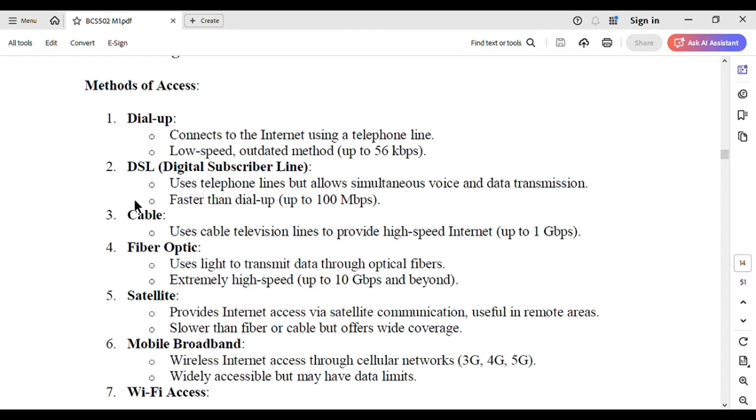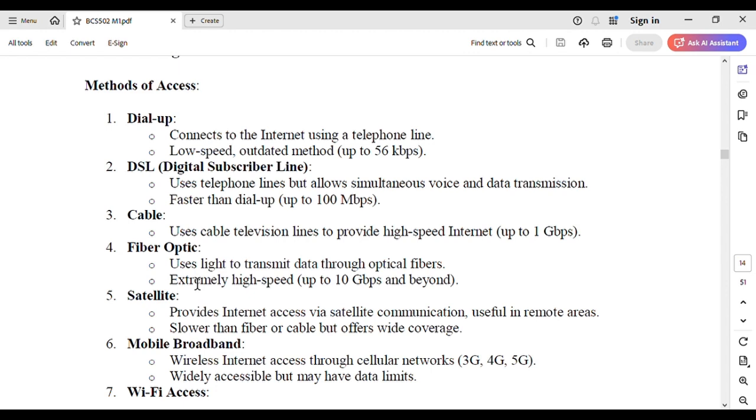Next, DSL, digital subscriber line. It uses telephone lines but allows simultaneous voice and data transmission. It is faster than dial-up, up to 100 Mbps. Next, cable uses cable television lines to provide high-speed internet up to 1 Gbps. You can observe how the bandwidth has been increasing from 56 kbps to 100 Mbps and then 1 Gbps.